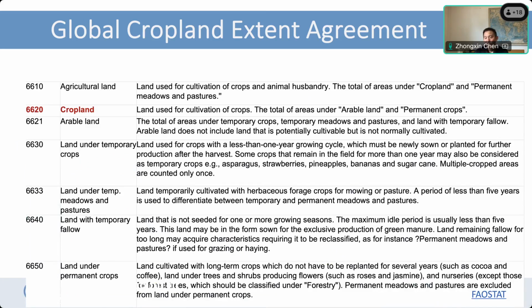By the way, FAO has the FAOSTAT database. FAOSTAT is widely used in a lot of research and applications related to agriculture, like food production and also global change.